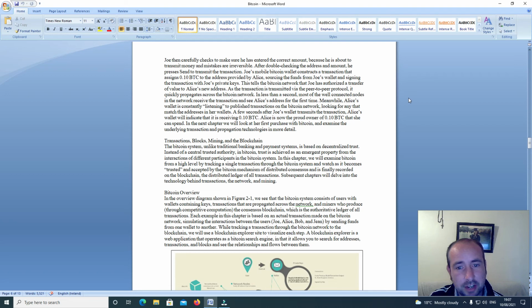As the transaction is transmitted via the peer-to-peer protocol, it quickly propagates across the Bitcoin network. In less than a second, most of the well-connected nodes in the network receive the transaction and see Alice's address for the first time. Meanwhile, Alice's wallet is constantly listening to the published transactions on the Bitcoin network, looking for any that match the addresses in her wallet.